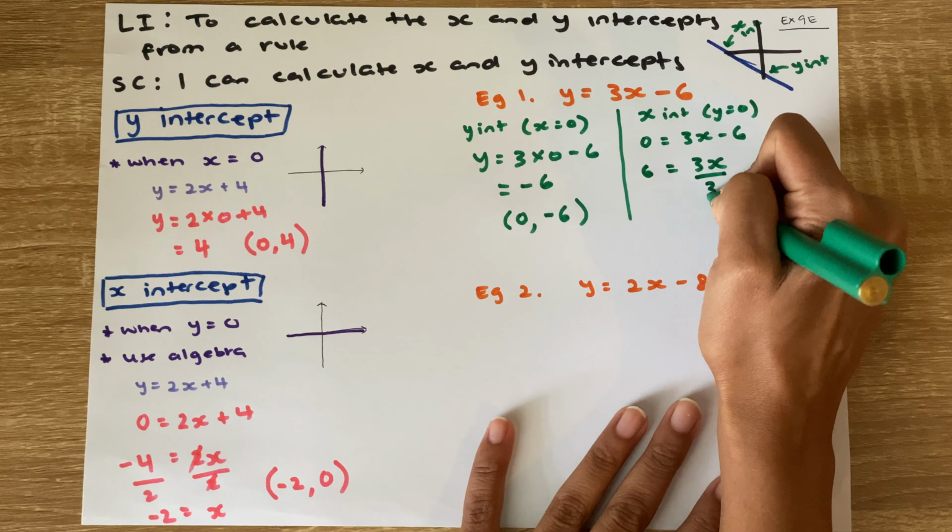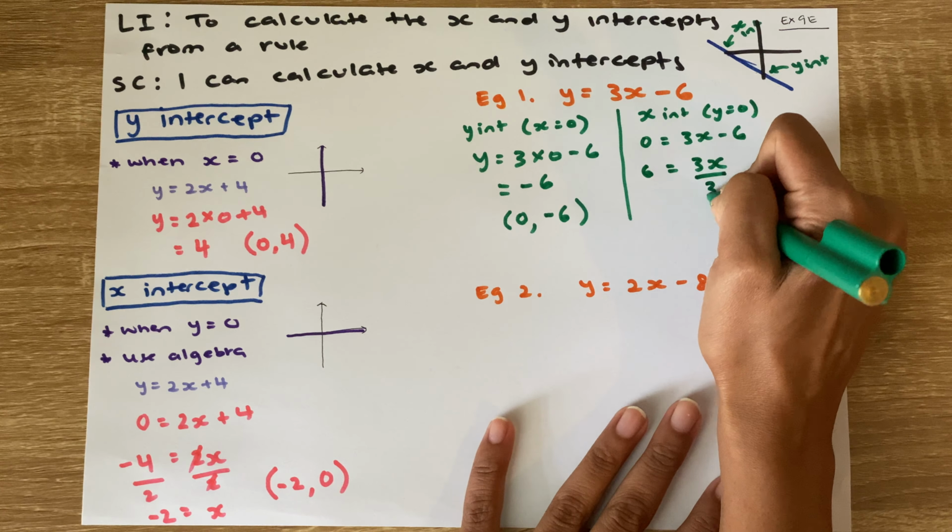So if we go 1, 2, it will be about here. I've got my 2 points, so I can grab my ruler. A little bit disorganized, I don't have a ruler with me, so I'm going to use a pen. And I can draw a straight line between my 2 points to connect them. And we have therefore drawn the graph for y equals 3x take away 6.